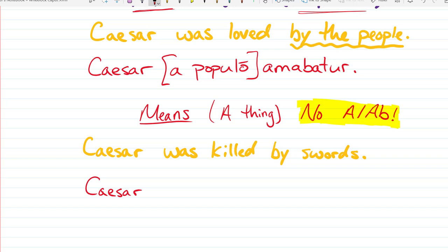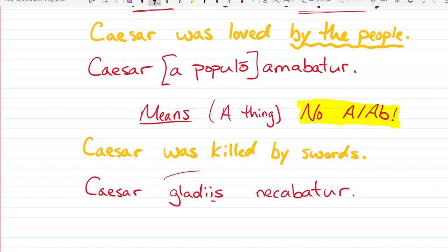We'd still have a passive verb, was killed by swords. We would just say something like gladiis and use the ablative form of gladium, and then we use neco, necare, necantur. Okay, Caesar was killed. Oh, sorry. That was Caesar is killed. Necatur.